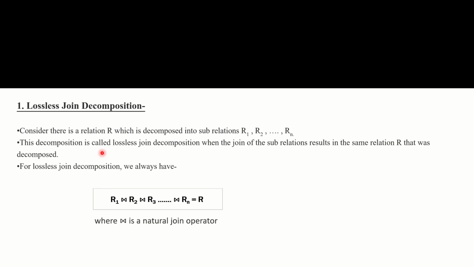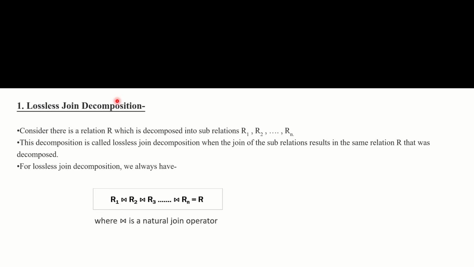Okay, that is, if you calculate the natural join of R1, R2, etc. up to Rn, we will get capital R, which was the original table. So that is the meaning of lossless join decomposition.